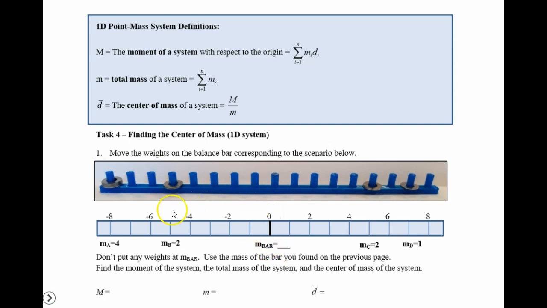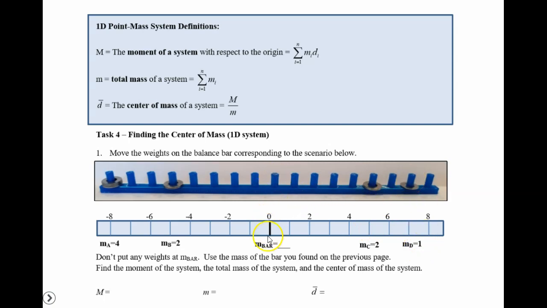So what you want to do is redo your beam, take the fulcrum off, and put the weights according to this. At a distance of -8, I have 4. At a distance of -5, I have 2. Over here on the right, at a distance of 5, I have 2, and at a distance of 7, I have 1.